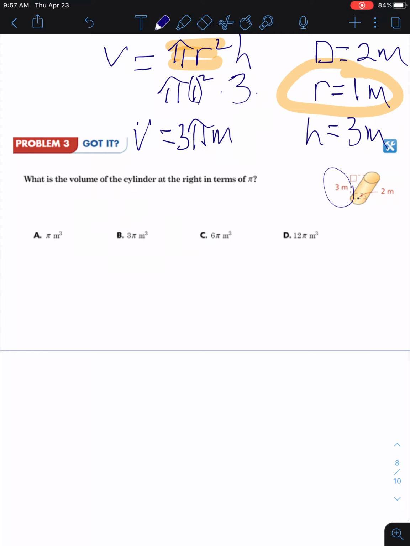Sorry, I got thrown there when the slide shifted. So volume equals 3 pi meters cubed. And there's our third example.